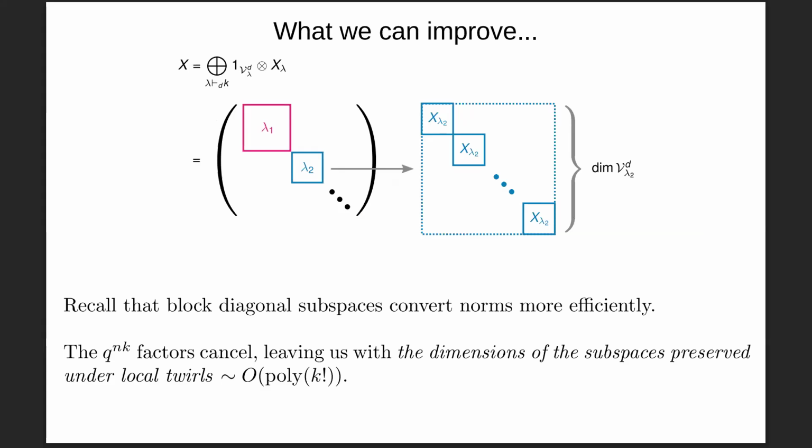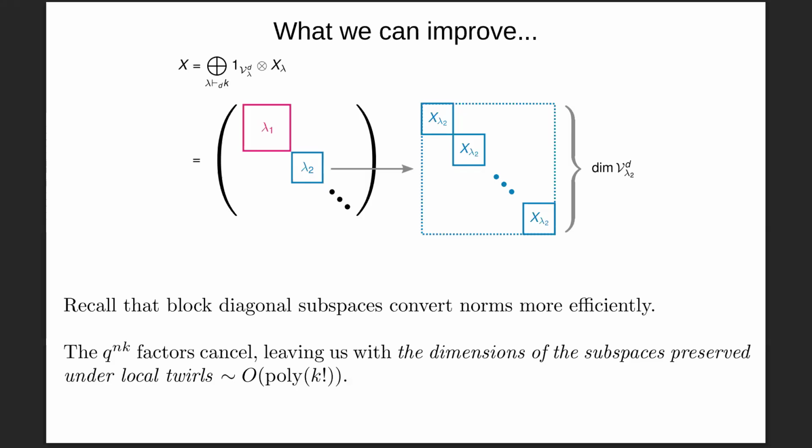Using the block structure, however, we can potentially convert between norms more efficiently. In reality, you don't really need the full system dimension. What you need is something very much like a von Neumann algebra index. You can do some of these conversions with the Pimsner-Popa index, if you're familiar with that. And in our case, remember that after we did this bipartite local twirl, we canceled all of the unitary irreps out.